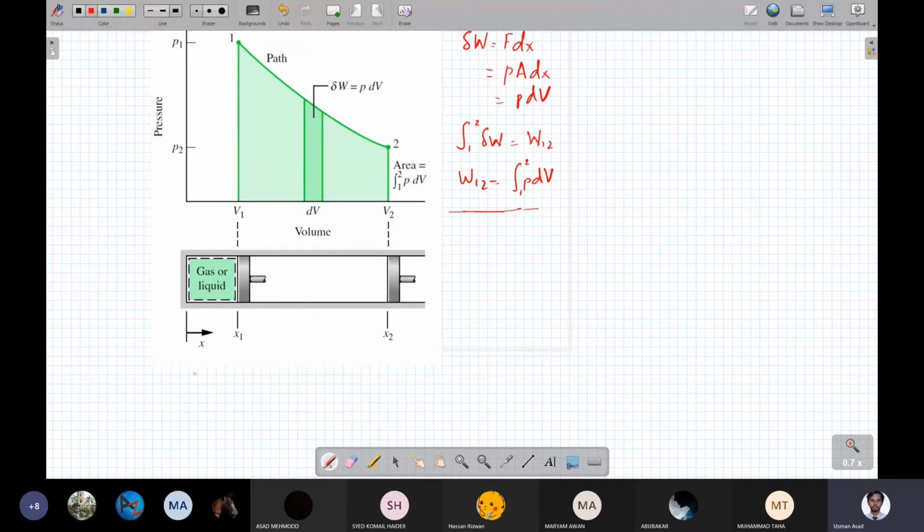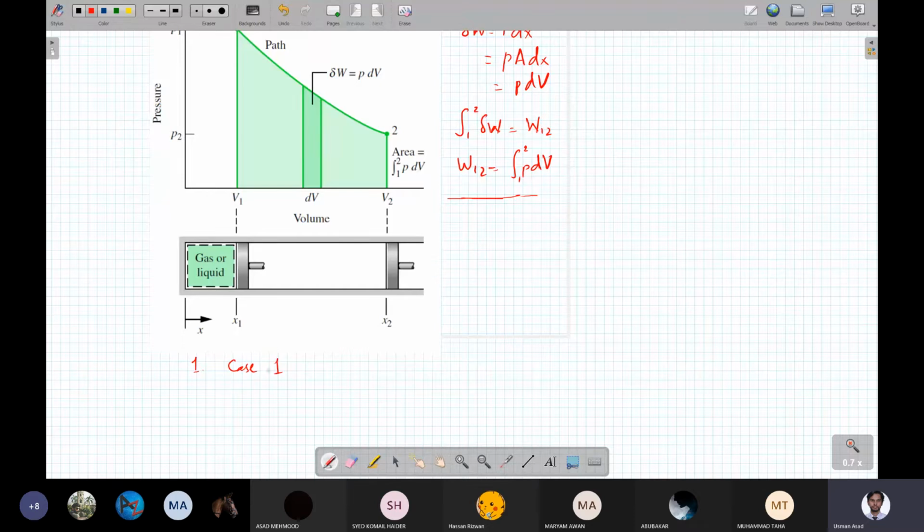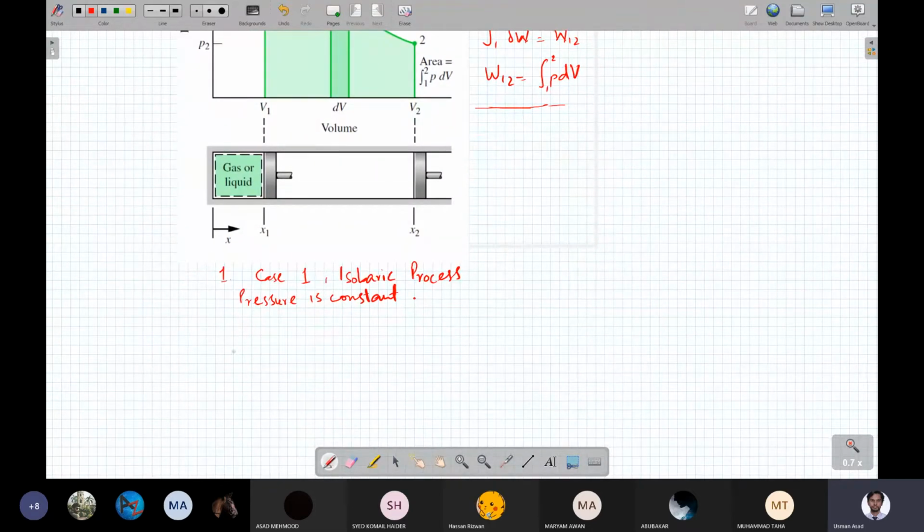and actually we did this already, is going to be something called an isobaric process, which would be basically pressure is constant. So if pressure is constant, this integral is a really easy integral to compute, right?